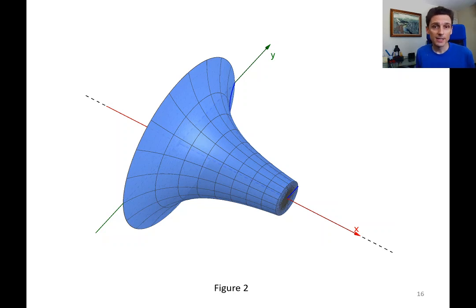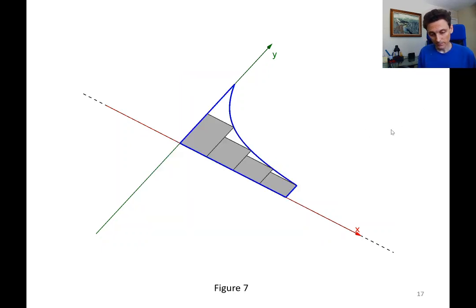Okay, so that's the general idea, but we're going to want to do some calculations. So to figure out how to do that, we'll need to come back to figure 7 and turn to the notes on page 2, and we'll give this a try.